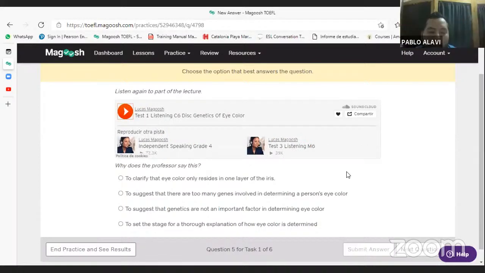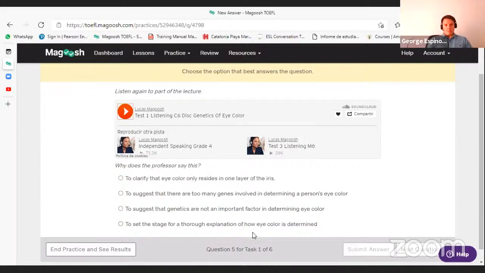I think it's the fourth one. I'm not sure. Oh, okay. Right, to set the stage for a definition of how eye color is determined. Yeah, I agree. Is it the fourth one?